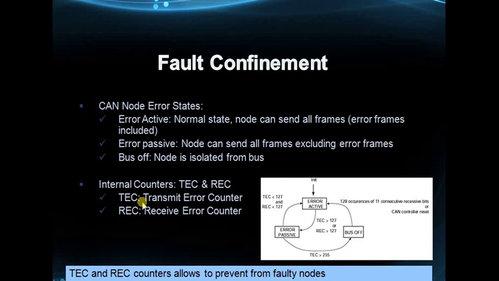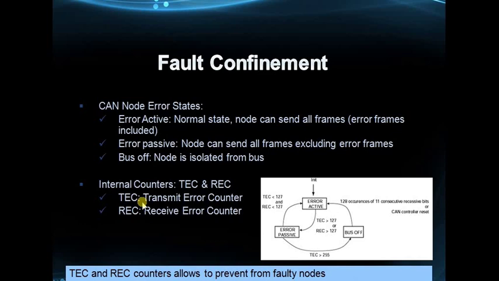The node which is error active will send an active error frame. Active error frame means 6 dominant bits, then 8 recessive bits. That is the active error frame.